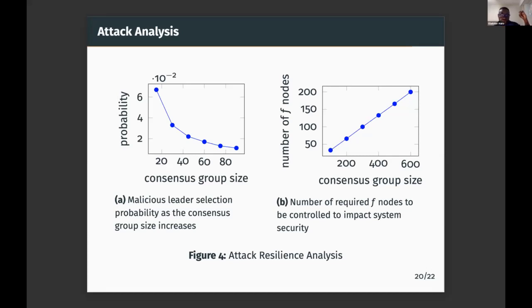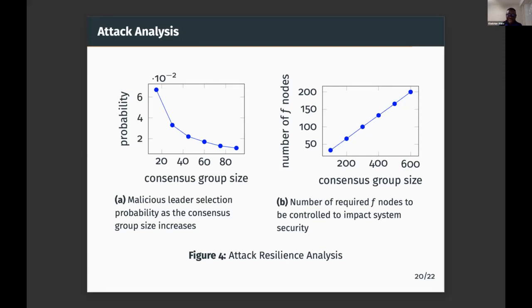So we see the probability drops as we are increasing the consensus group size, and the interpretation of that is that as this probability drops, the system is significantly more secure. So even as we increase this consensus group size, we're going to see a significant drop in that probability value, which translates to a more secure system.